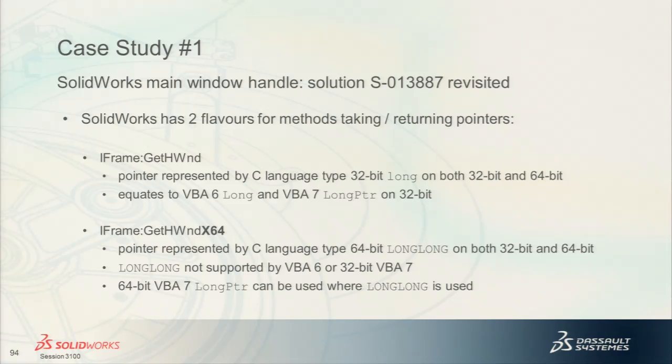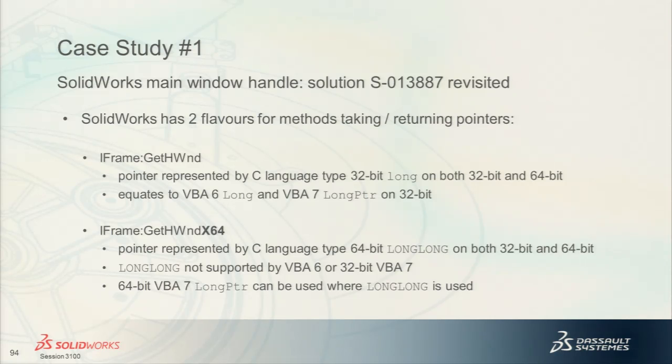This returns a pointer, which will change size on the platform. In most cases, VBA programmers only use a method called GetHWnd to get the window handle for the main SolidWorks window. The other functions, which are 64-bit specific, are more for C++ applications. But this one you're probably going to use quite often.